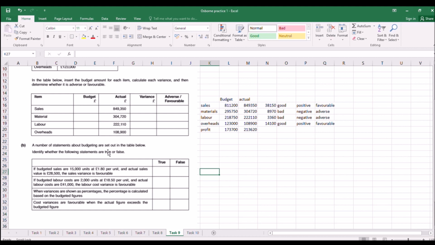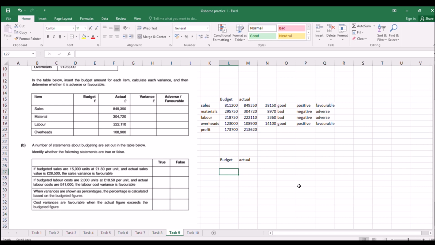Right, so a number of statements about budgeting are set out in the table below. Identify whether the following statements are true or false. If budgeted sales are 1,500 at £1... what we're trying to do here is a little trick, trying to get us to think in our heads. Should we ever think in our heads? No, we shouldn't. We should put a little table there. We've got a budget and some actual, so let's put the figures in.